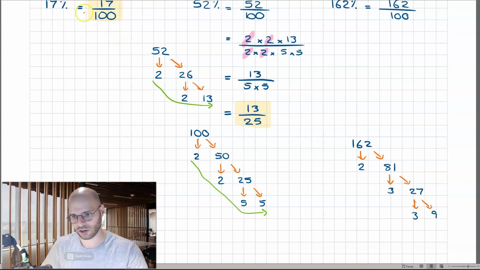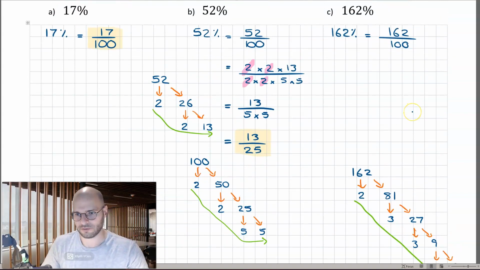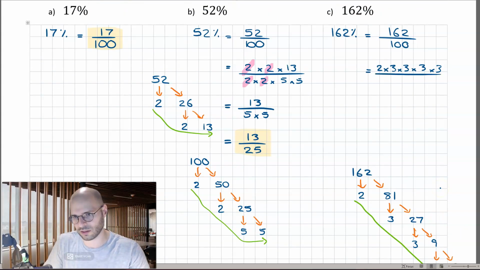And then finishing off, factors of 9 are 3 and 3. Here are our prime numbers. So, completing the factorization, upstairs we're going to get 2 by 3 by 3 by 3 by 3. I think there's 4 of them. Yep. And that's all over, and we've already factorized 100 down here, so that's 2 by 2 by 5 by 5.